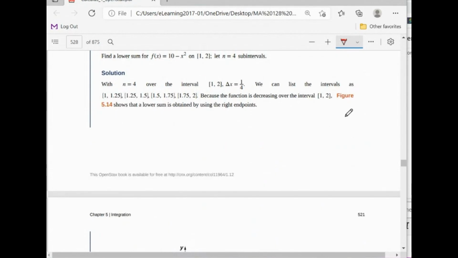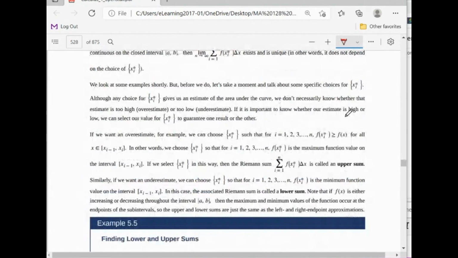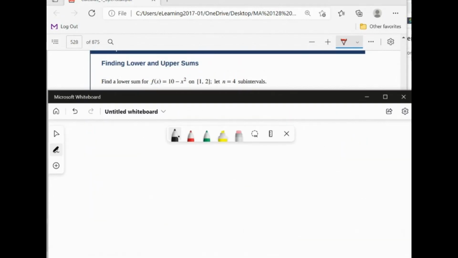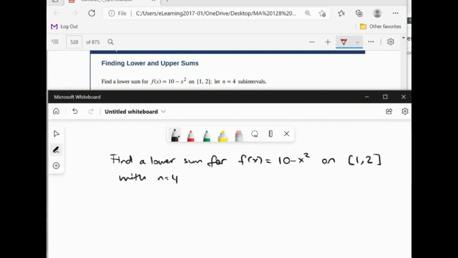Let's see an example where we approximate some area using some rectangles. Find a lower sum for this function on the interval 1 to 2 with 4 subintervals.